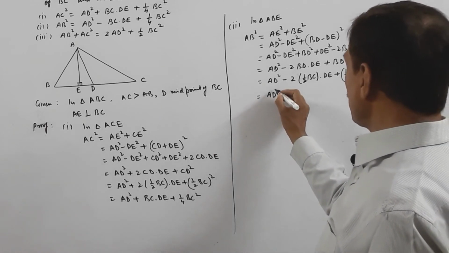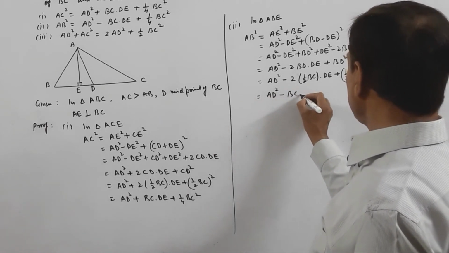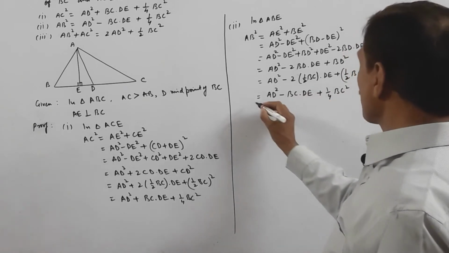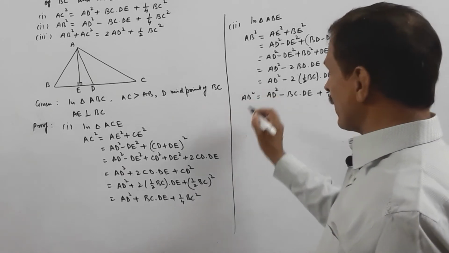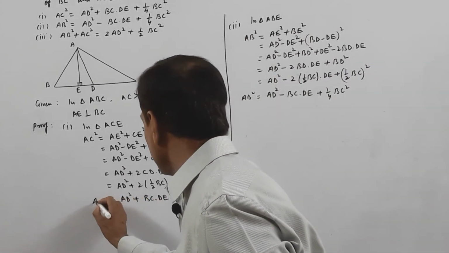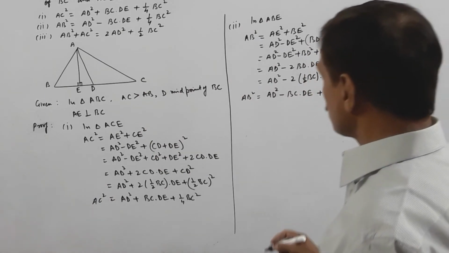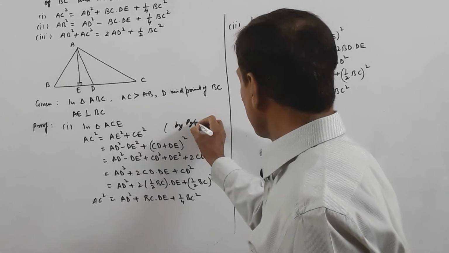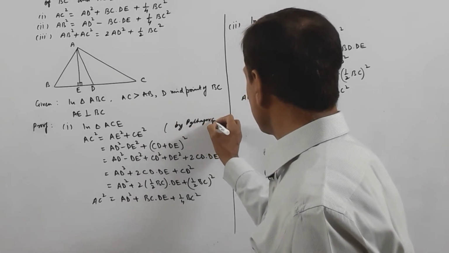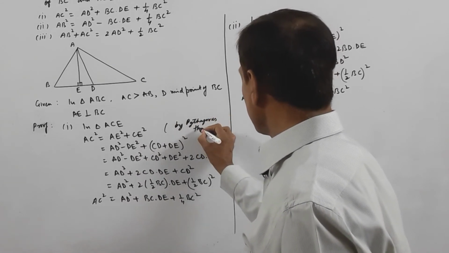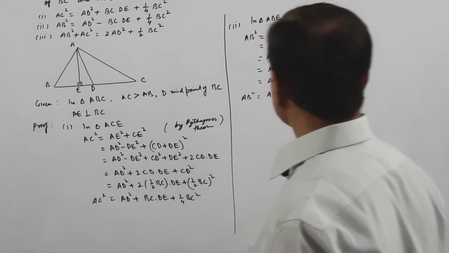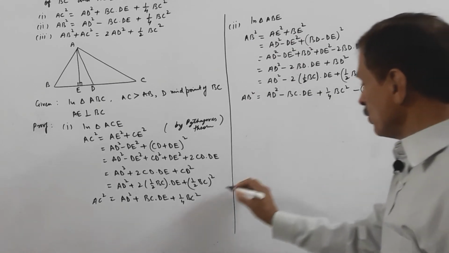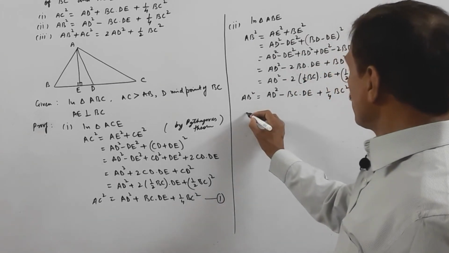This is equal to AD² minus BC·DE plus 1/4 BC². This is AB² is this. Here this is AC² is this. This is by Pythagoras theorem. This is again by Pythagoras theorem. Now this is 2 and this is 1.